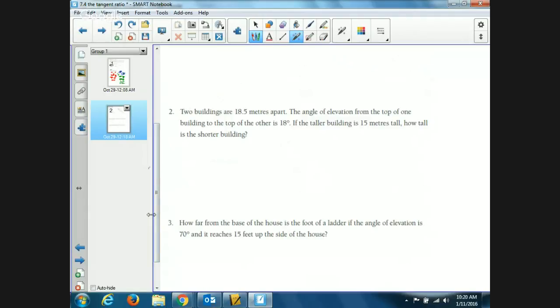For question 2, the buildings, I'll give you a hint on this one. You might want to jot down, 2 buildings are 18.5 meters apart. So we're going to have the 2 buildings just drawn as rectangles. Let's say one building's like this, one building's like this, but they're 18.5 meters apart.